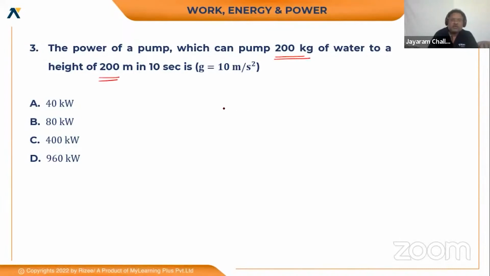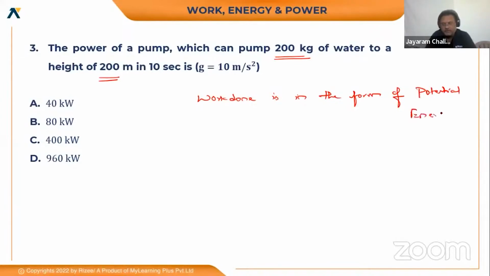Here the work done is in the form of potential energy.